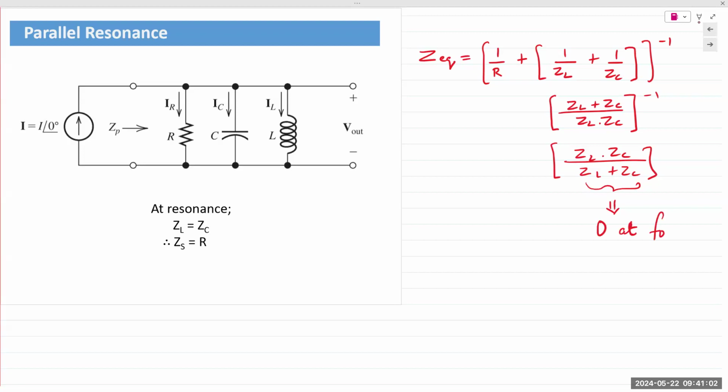Because they are connected in parallel, this time the cumulative effect of ZL and ZC is that ZL plus ZC goes to infinity. So the effect of ZL and ZC in parallel is that it's infinity. Combined effect.